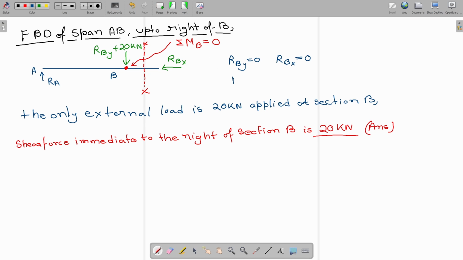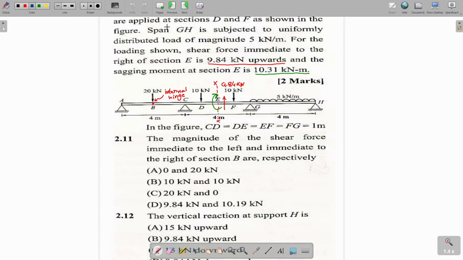But RA is already 0 from previous. Therefore, our option is option number A. 0 and 20 kilonewton. On the left is 0, on the right is 20.